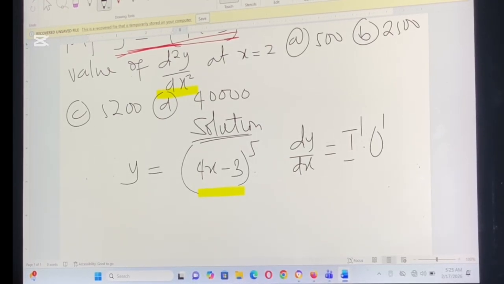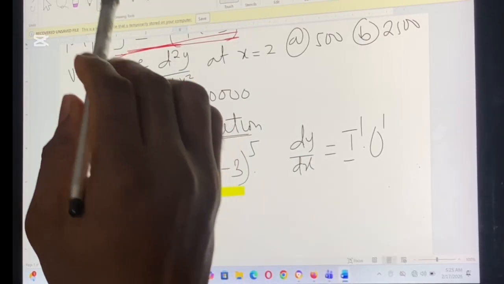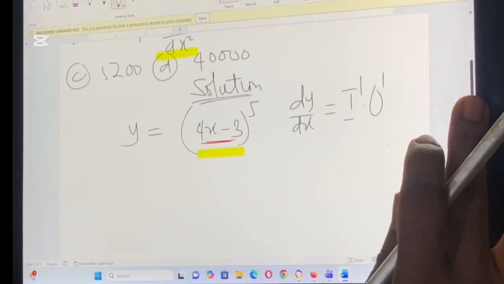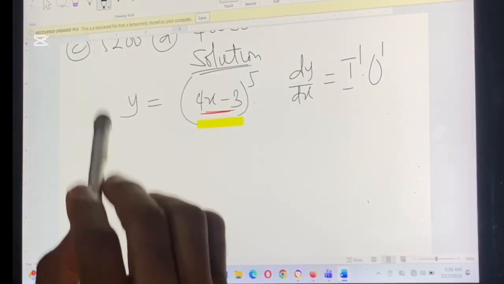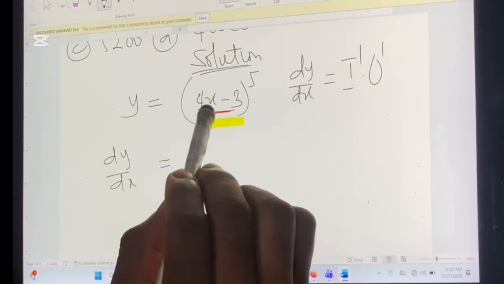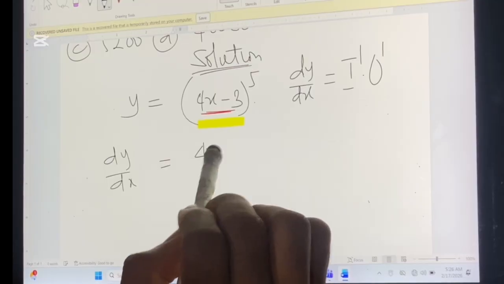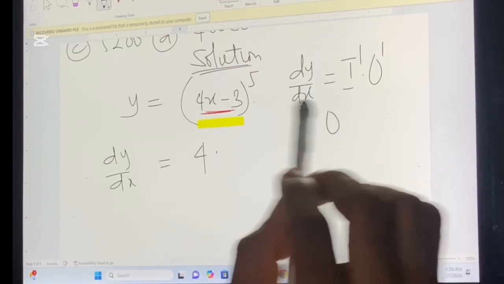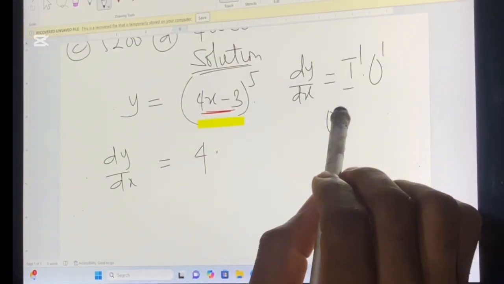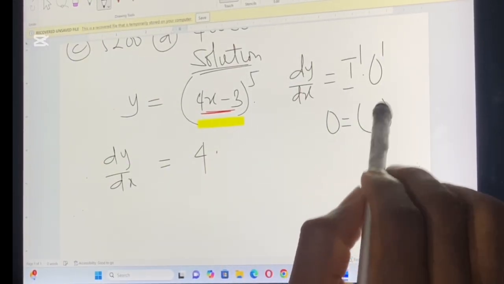So you differentiate what is inside and also differentiate the outside to get the outer derivative. What is inside here is 4s − 3. Differentiate 4s − 3. So dy/ds will be equal to the inside, which is 4, times the outside. Whenever you take out the inside, what is left is the outside. So what will be left will be brackets raised to the power of 5.